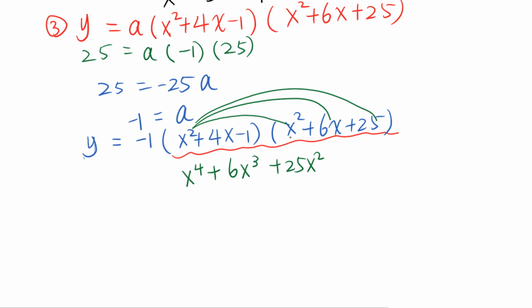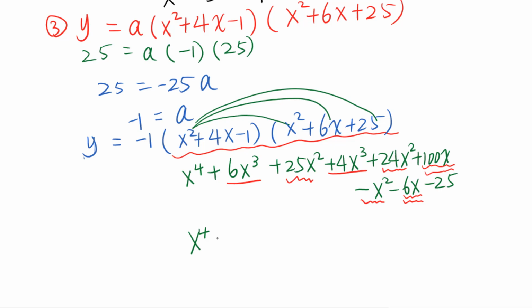Then use 4x times x squared will be 4x third power. 4x times 6x is 24x squared. Then 4x times 25 is 100x. Negative 1 times the x squared plus 6x plus 25 will be minus x squared minus 6x minus 25.